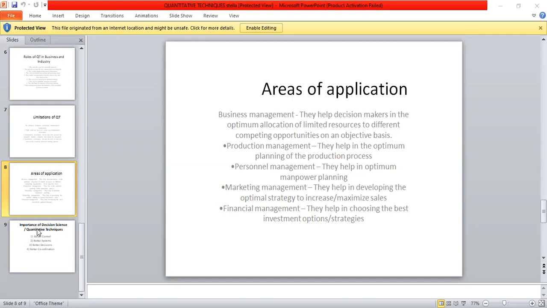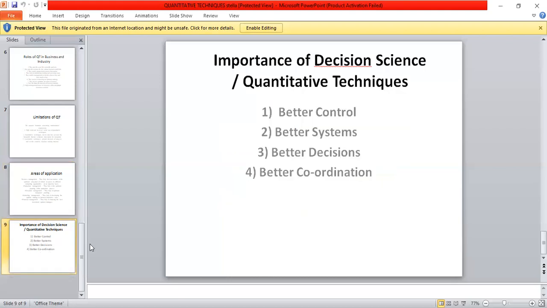Yes, we have seen that quantitative techniques can be applied in businesses, industries, and financial institutions like banks, etc. Okay, let's move on to the next slide.